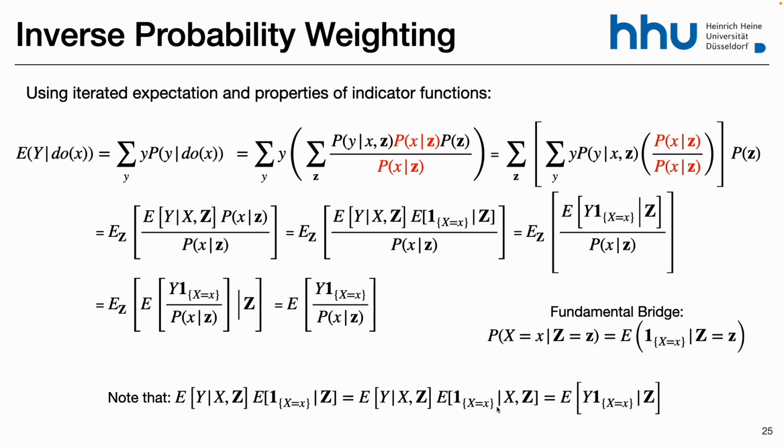Not independent, but I'm already selecting: this is going to be 1 only when x is equal to x, so conditioning on x is true all the time. So I can condition on x. And once I condition on x, I have this independence between y and the indicator function given x and z.